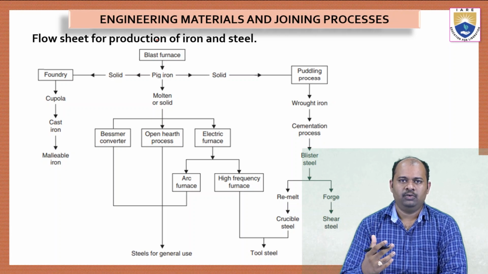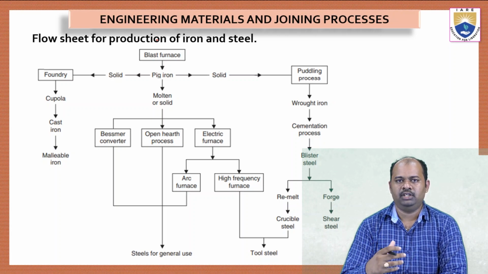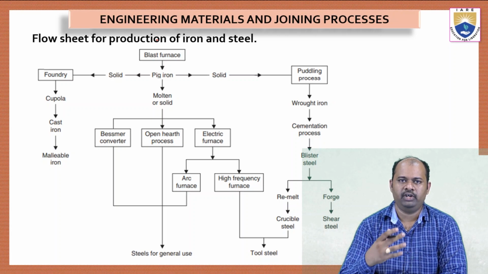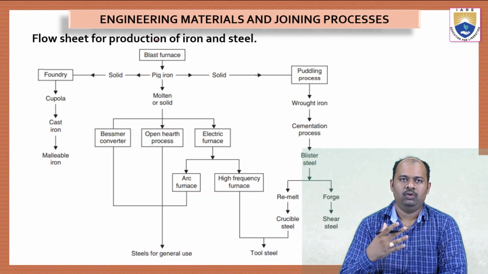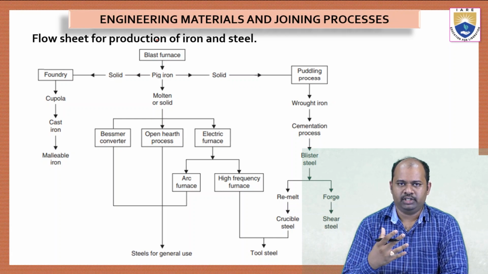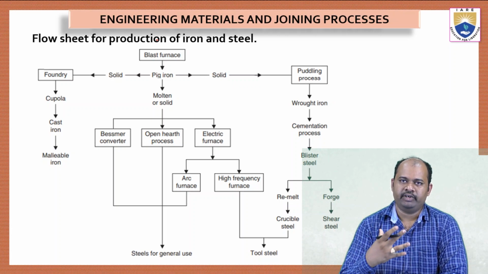The iron ore extracted from the Earth's crust has to undergo different processes where it will be converted into different forms of iron. Depending on the type of process and refining method, we will get different types of iron. Each iron will have particular properties, so they can be used for a wide range of applications.